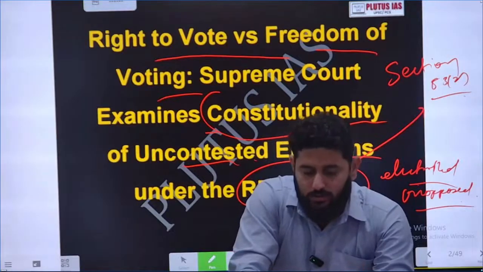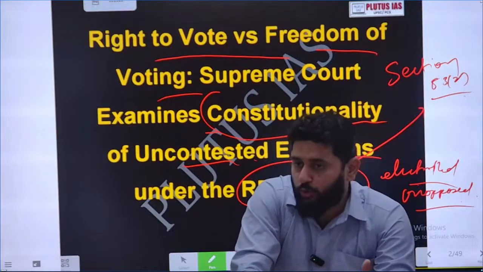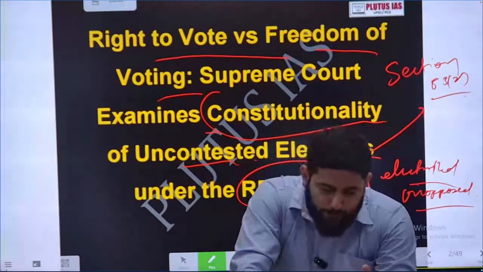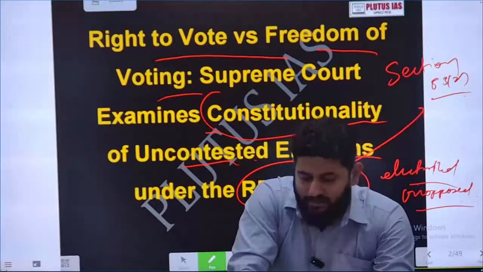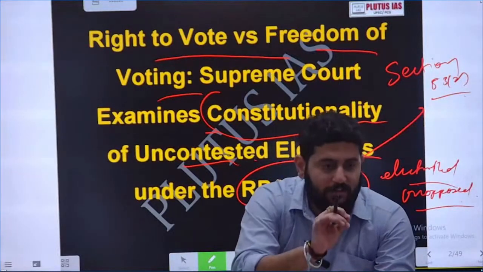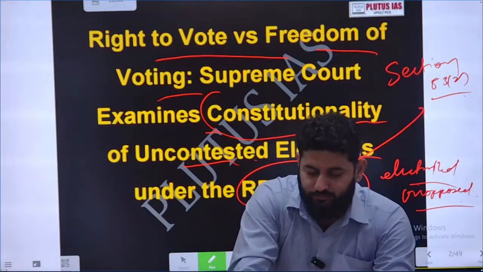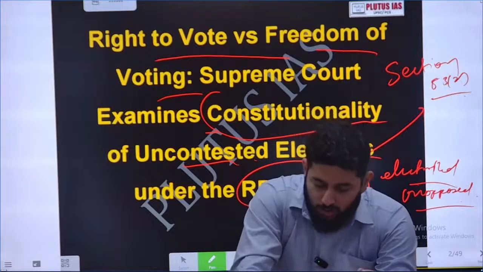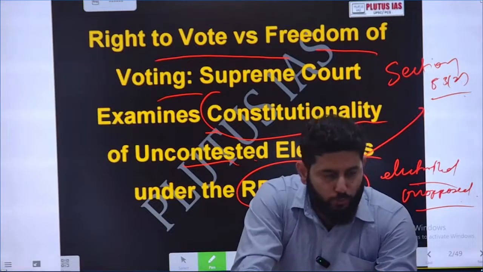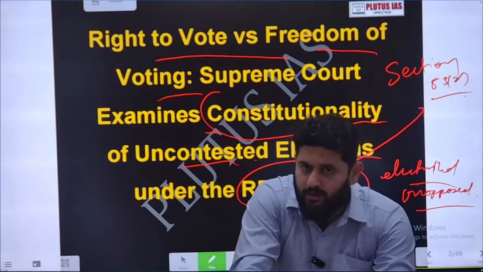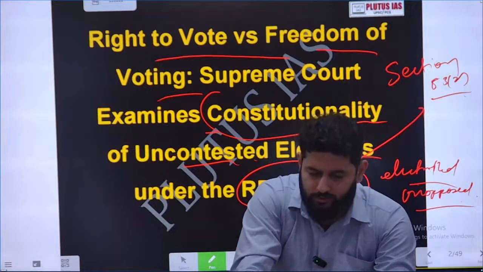as it coincides with the ongoing elections in the Bihar Assembly, bringing attention to a deeper question. What is the question? Does the automatic declaration of a candidate as elected unopposed violate the voters' fundamental rights under Article 19(1)(a)?